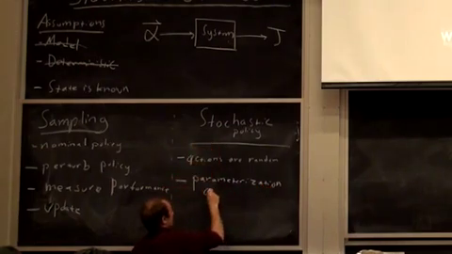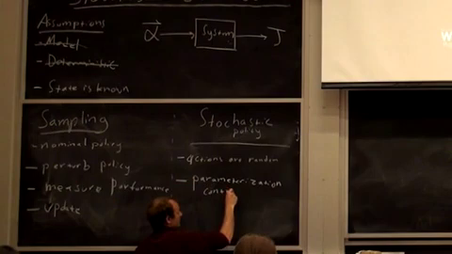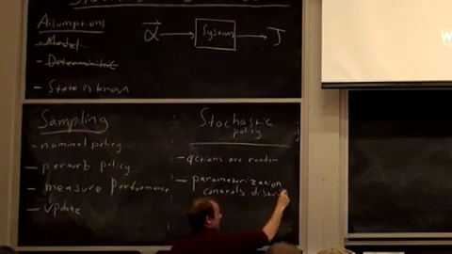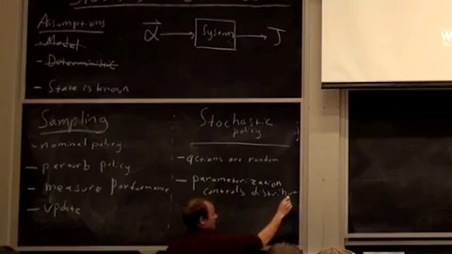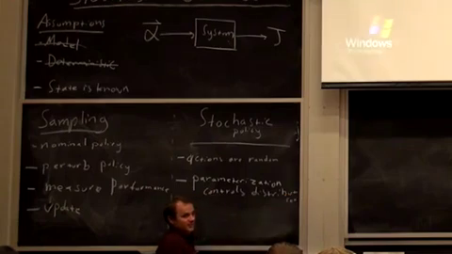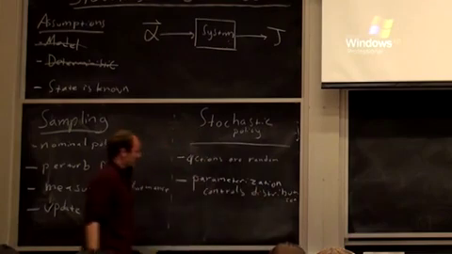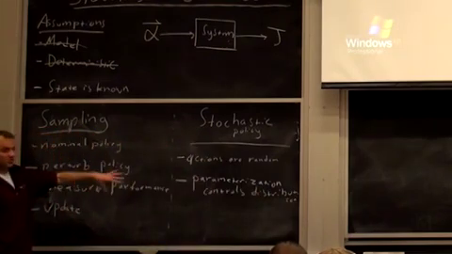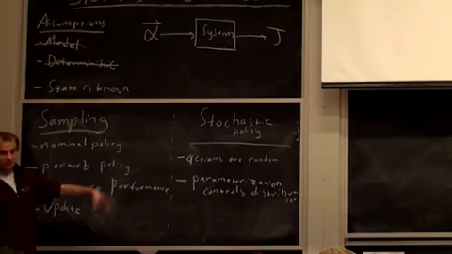Possession controls distribution. Ooh, my 5th grade teacher would not have liked that. But so what you do then, you can imagine you control perhaps the mean of a distribution.